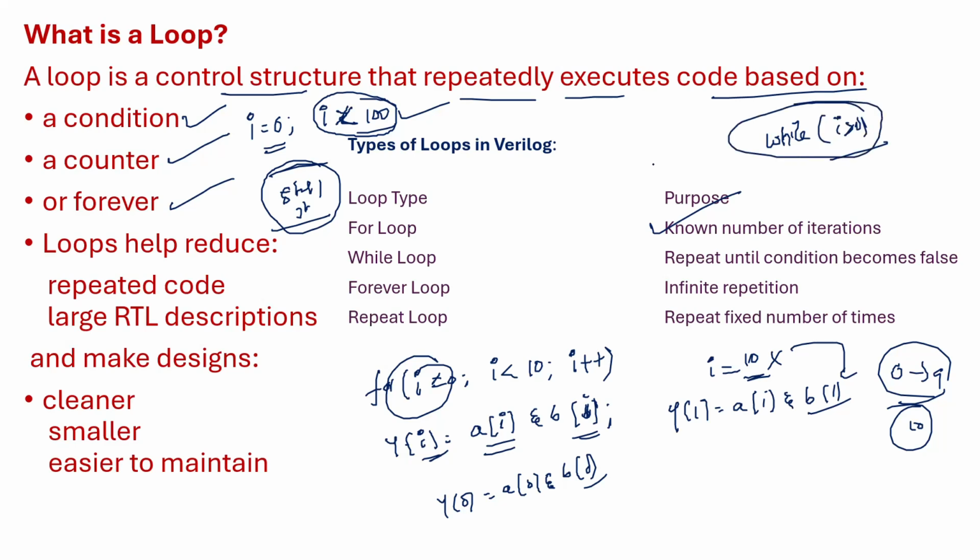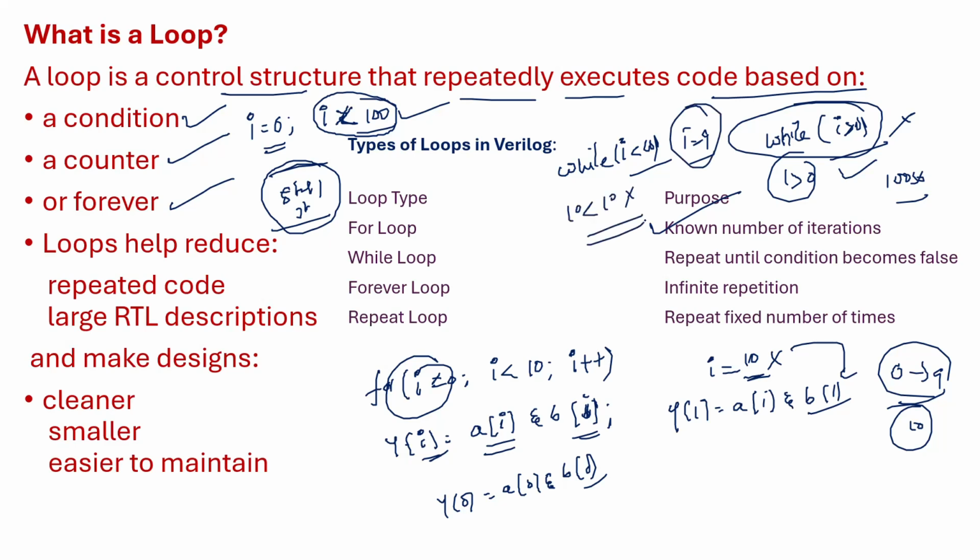This will execute infinite times because 1 is greater than 0, the condition is true; 100 is greater than 0, the condition is true. So this executes infinite times. But while i less than 10, that means up to i equal to 9 it will execute. Whenever it reaches 10, 10 less than 10 is false, so it does not execute.